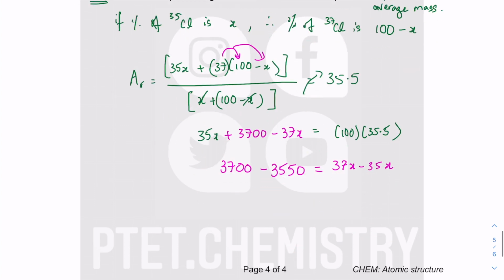Okay, then I will flick the 2x from the right to the left, and then do 3700 minus 3550. That is 150. X is 150 divided by 2 because it is 2 times x, so the 2 goes to the other side as divide, and that is 75. And it has a unit because what is x? That's why it's important. X is not just x, alright?